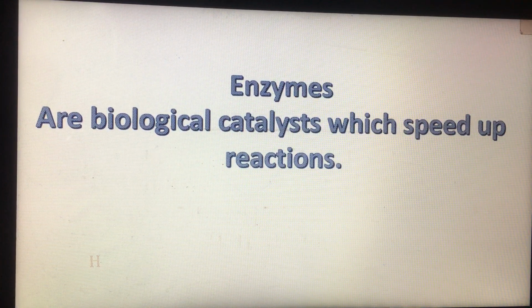Some enzymes build up molecules and other enzymes break down molecules into smaller ones. So the presence or absence of a particular enzyme controls what will happen to a particular molecule. So enzymes are proteins that function as catalysts.